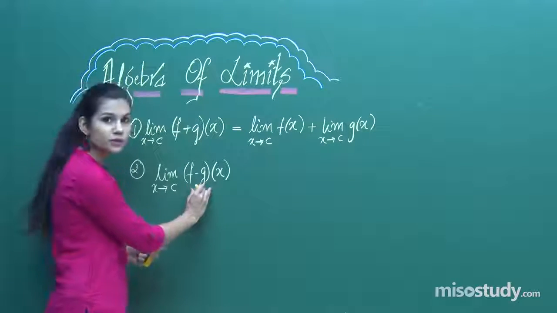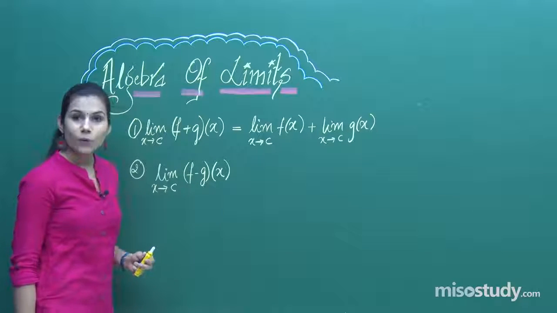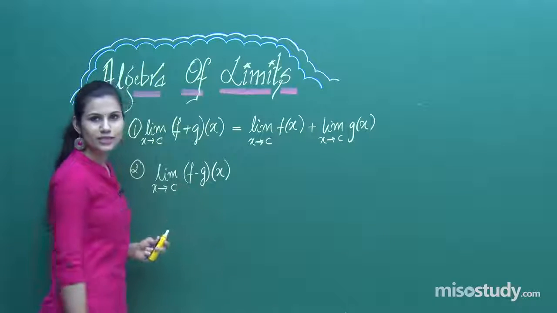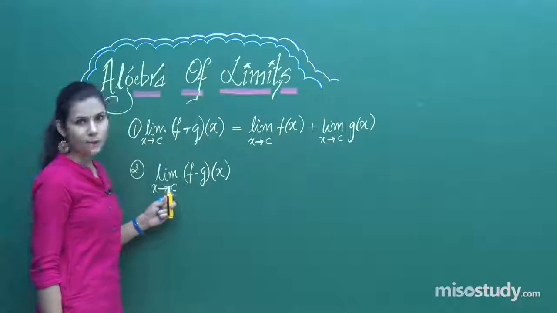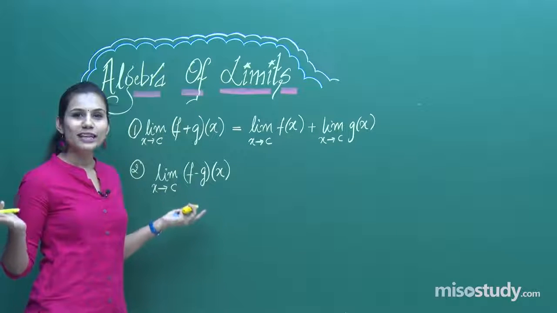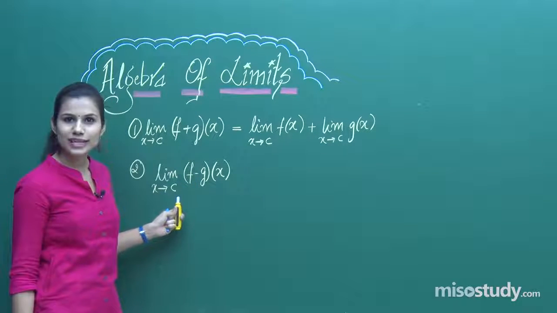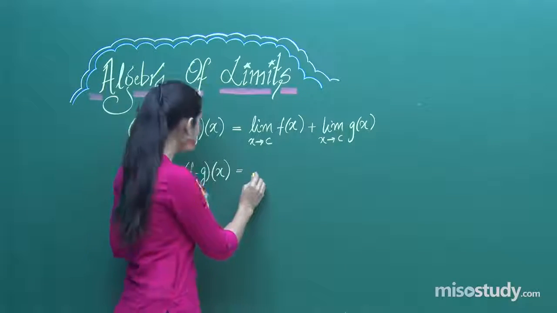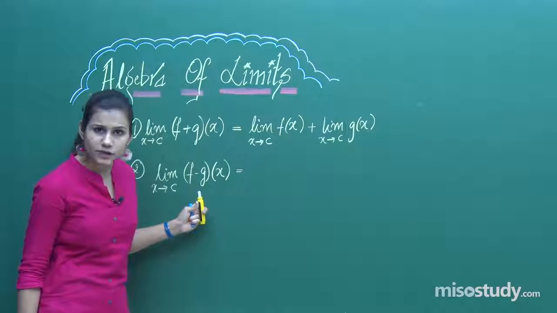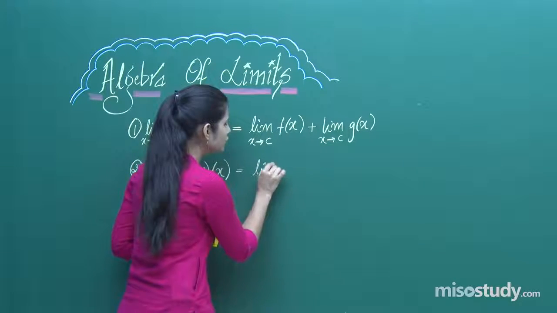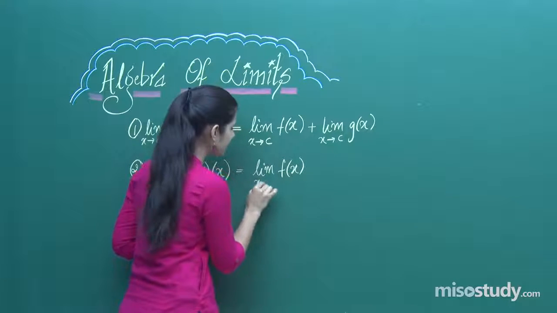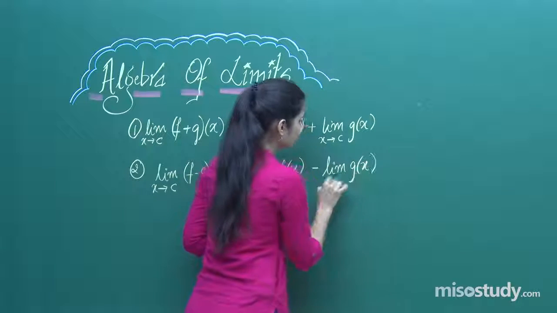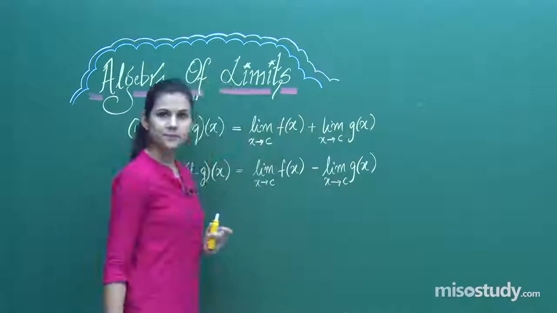Well, if I know the limiting behavior of the two individual functions involved in the difference at the point C, I will be able to find the limiting behavior of f minus g at C, because the limit gets distributed over the difference sign and you obtain the limit of the function f at C minus the limit of the function g at C.